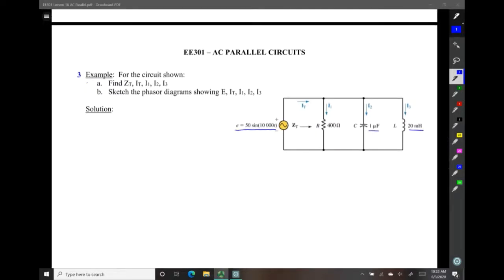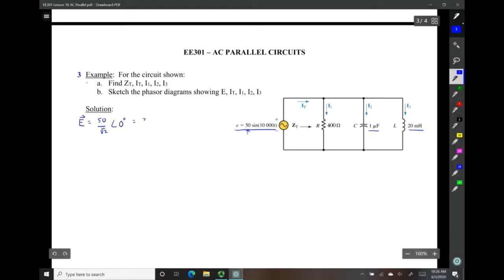So first, we'll convert our voltage source into a phasor. We'll do that like so, right? So our phasor quantity for our voltage is equal to, we take the peak value right here and divide it by root 2, and then we look at the phase angle within that time domain, and they don't give us any value for that, so that just means our angle is 0.